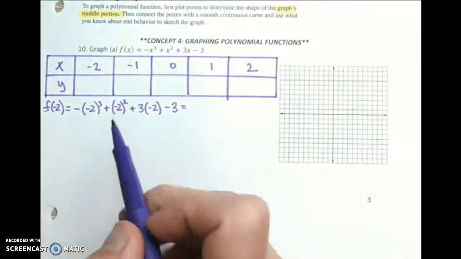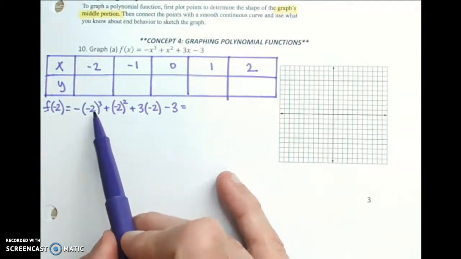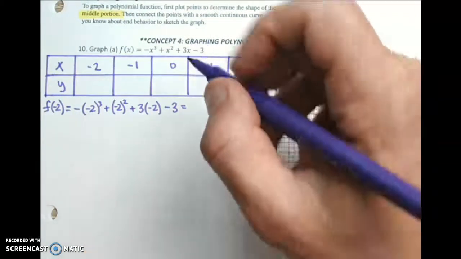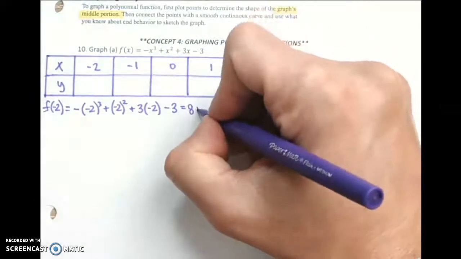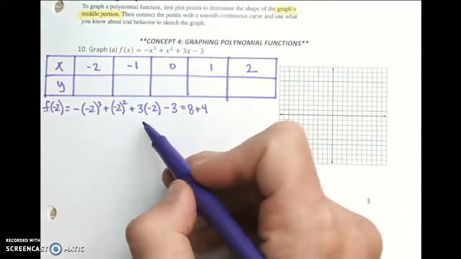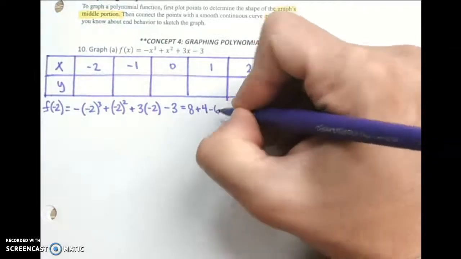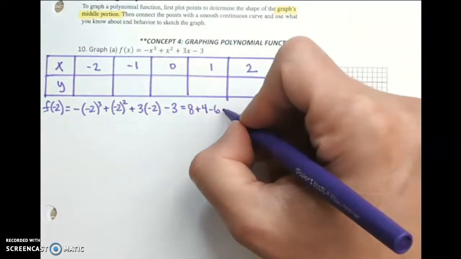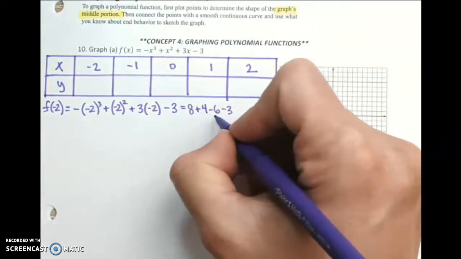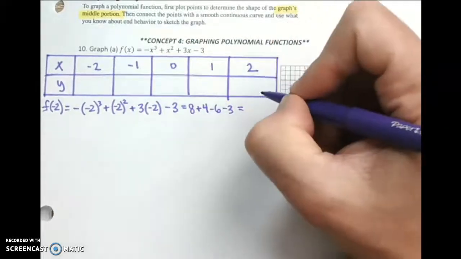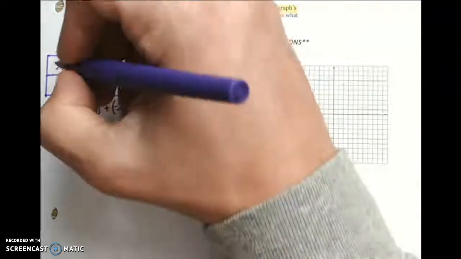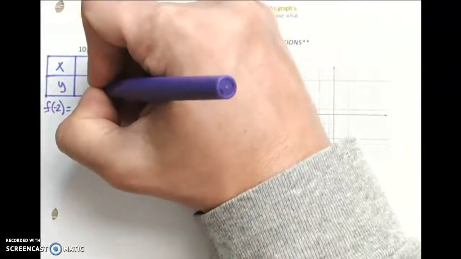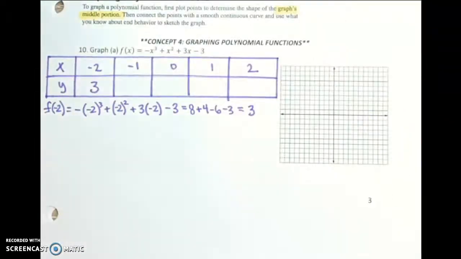Okay. And now I have -2 cubed, which is -8, but the opposite of that is +8. -2 squared is +4. 3 times -2 is -6. And then minus 3. So I really got 12 minus 9. And that is 3. And I can go ahead and put my 3 right there.